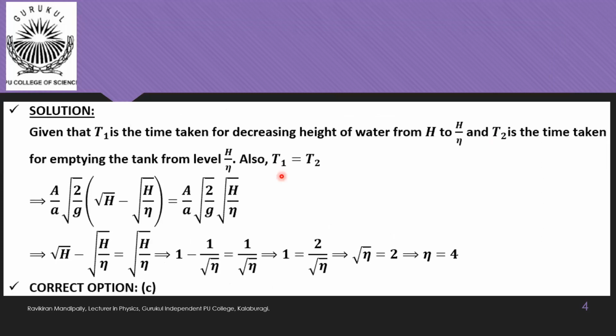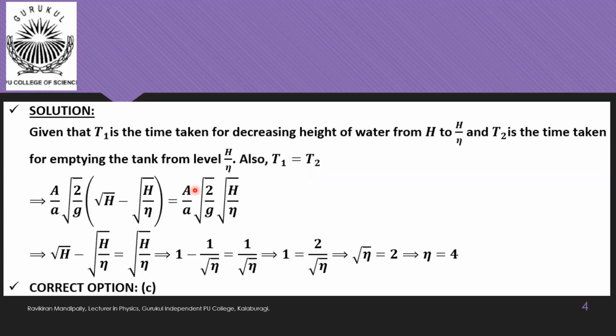Just now we derived the expression for time taken for liquid to change level from one value to another. Using that, T1 is equal to capital A by small a into root 2 by g into root of initial level, that is h, minus root of final level, that is h by eta, and that is equal to T2. T2 is the time required for emptying the tank from the h by eta level.